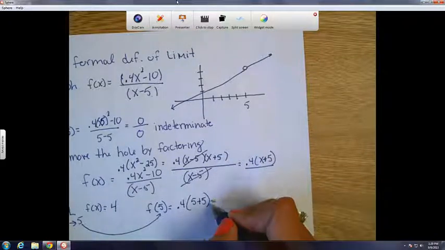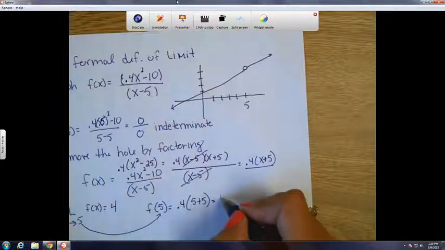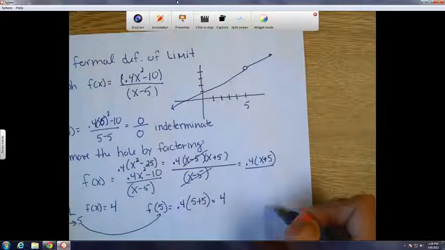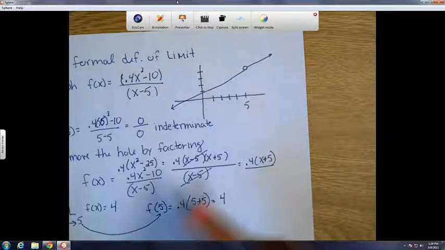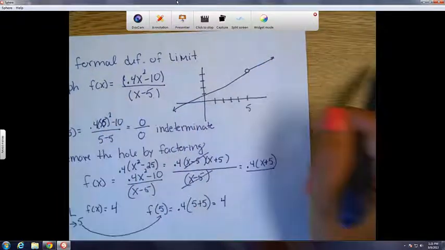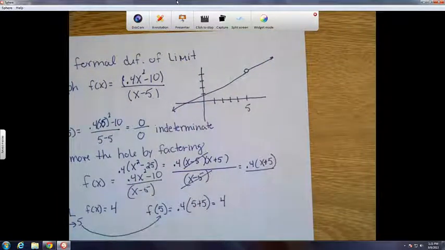So you got 10 times 0.4 for an answer of 4. So we got the limit. This is algebraically showing the factoring and canceling, plugging in, and this was just looking at the graph and getting it.